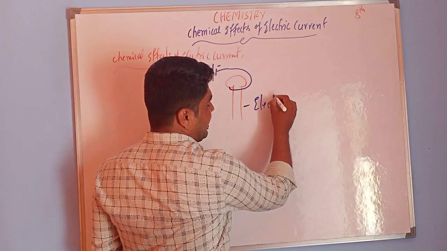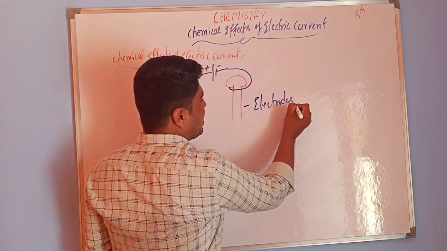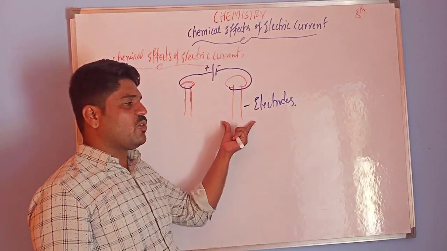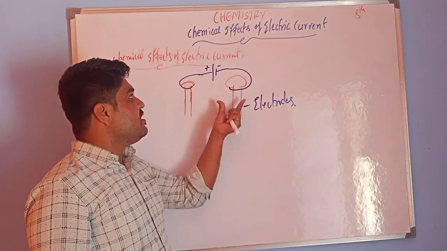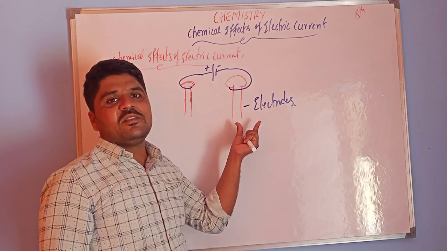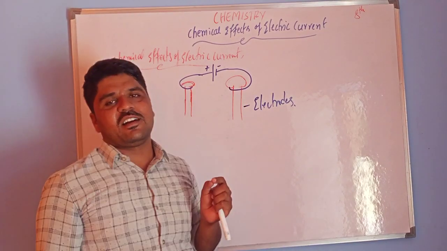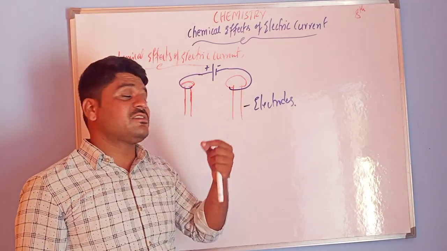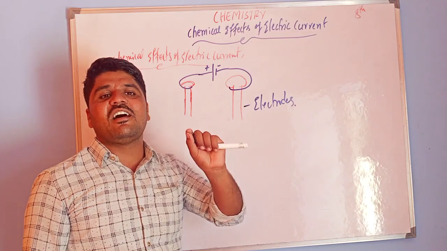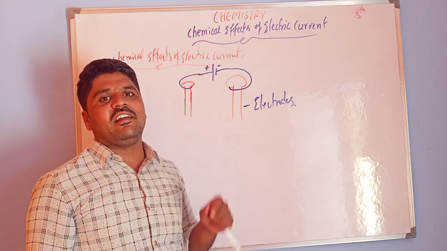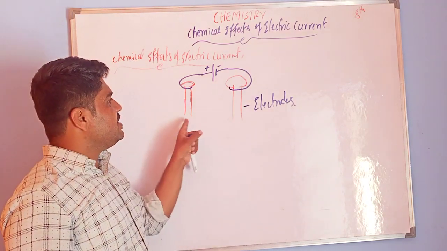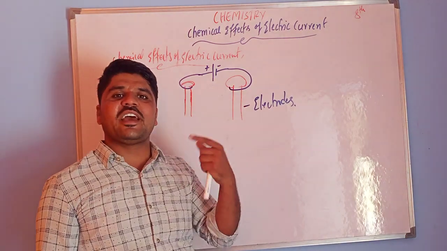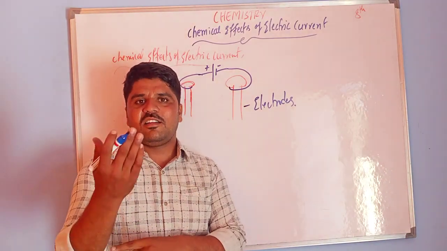What are electrodes? Electrodes are metal rods, or maybe carbon rods, that are dipped in an ionic solution. Instead of carbon rods, you can also use iron rods.